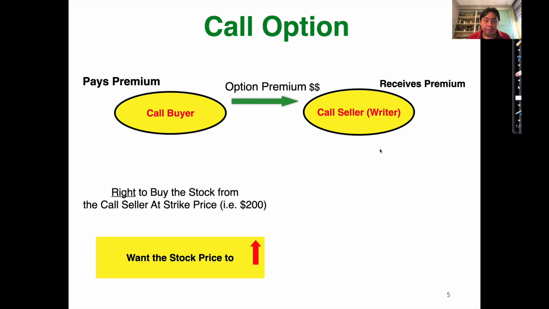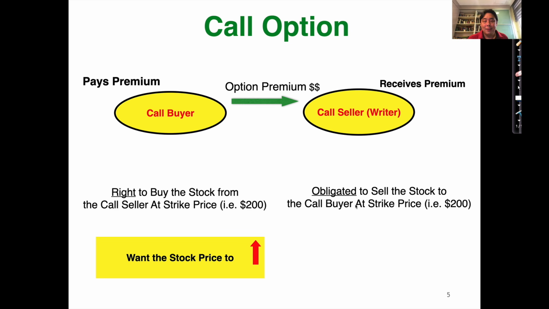Now, for the call seller, why would he want to sell the call? Because he collects the premium. The call seller gets the premium. But by receiving the premium, the call seller is obligated. So always remember, the seller of the option is always obligated. He's obligated to sell the stock.